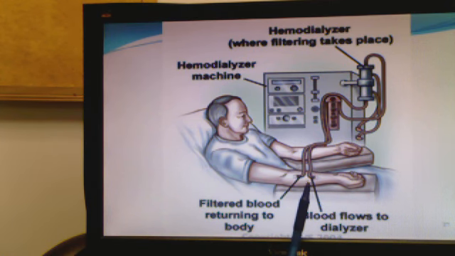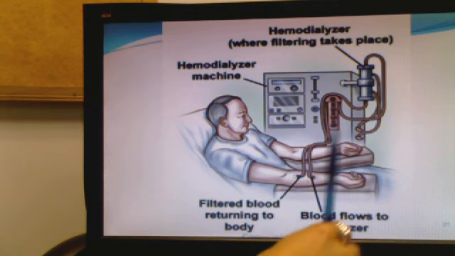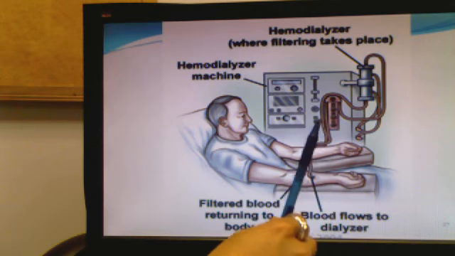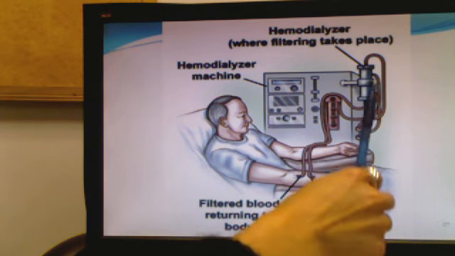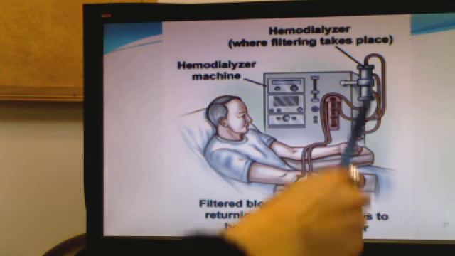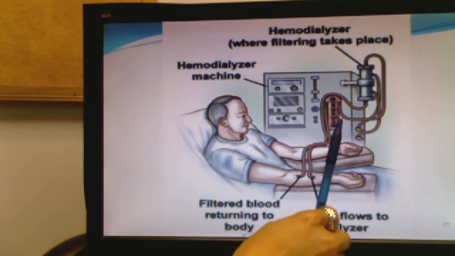And once we have that fistula, we now have this tube that basically collects blood from the patient's arm, brings it to this hemodialyzer or dialyzing machine, and once the blood is already rid of waste, it goes back to the body. So this is like the big artificial kidney.